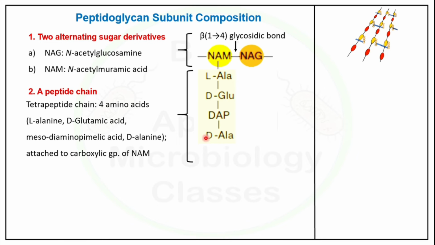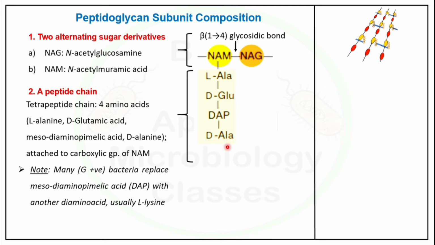And one another point is this: what is the composition of amino acids? Many times we know that tetrapeptide chain is there, four amino acids are present, but we should take care of this, that these are the four amino acids which are present: L-alanine, D-glutamic acid, meso-diaminopimelic acid and D-alanine, right? I have also mentioned here.